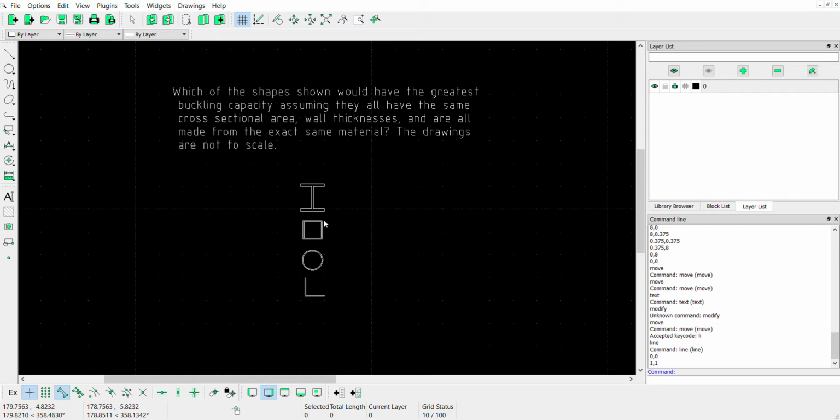So although it's not obvious, this shape does have a weak axis and a strong axis if you draw the axes at angles. If it buckles, it would definitely go out this way, or out this way, but it's not going to buckle diagonally like that.